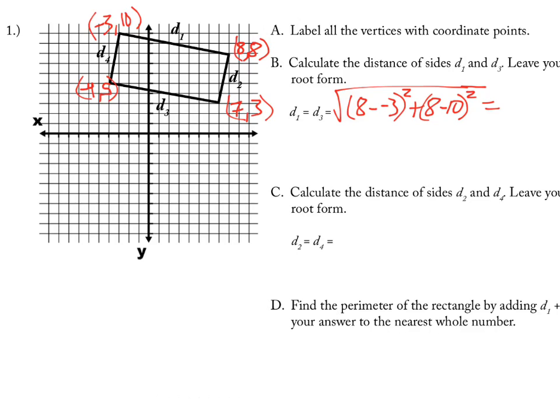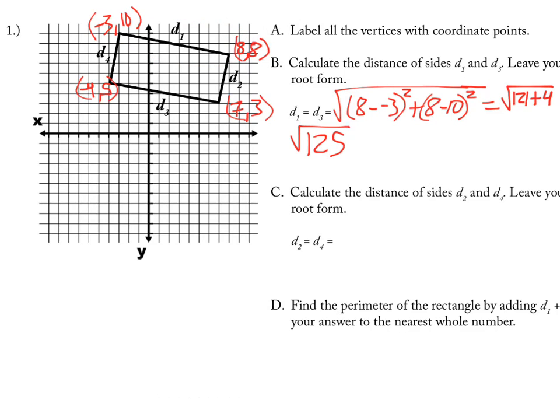Then you just keep simplifying. 8 minus negative 3 is 11, and when you square that, you get 121. 8 minus 10 is negative 2, and when you square that, you get positive 4. So it's the square root of 121 plus 4, which is the square root of 125. That's the top length.